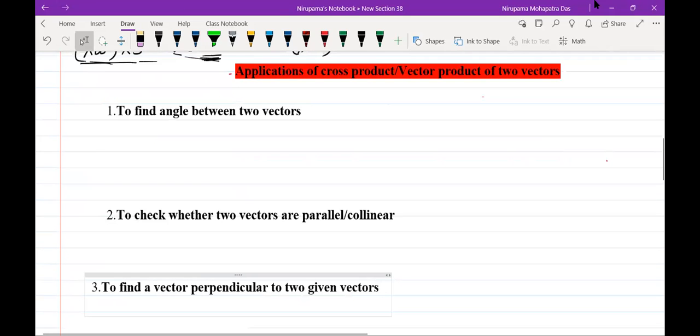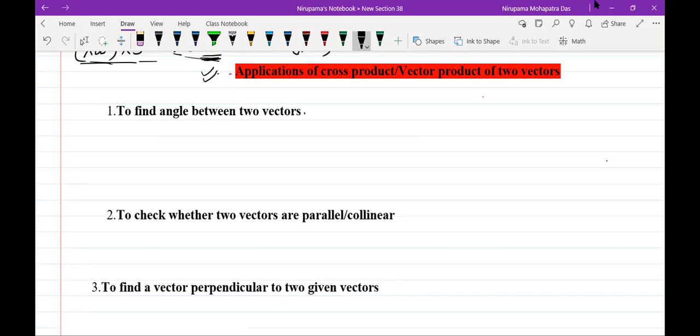Now third thing is we have to go for applications of the cross product or vector product of two vectors. Why is the cross product very important in the vector chapter? First and foremost is to find the angle between two vectors.